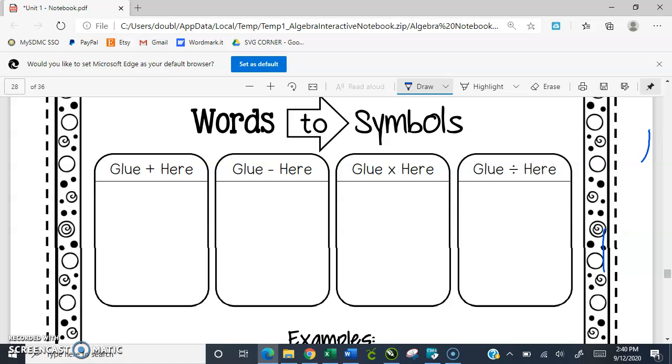So when we're using the plus sign, you may want to circle that.